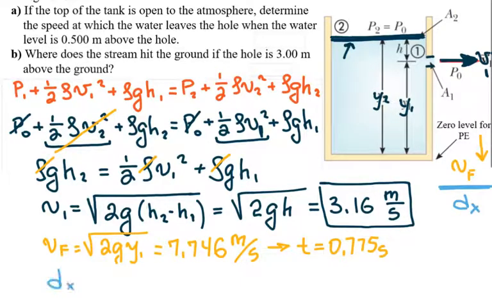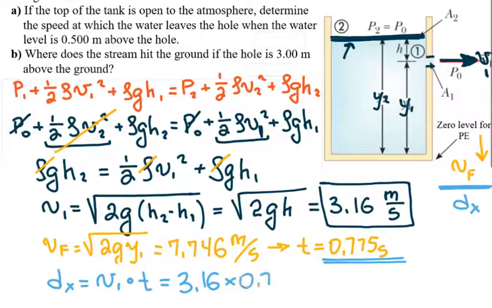So dx is equal to v1, the velocity at which the water leaves the tank, times the time. So I have 3.16 times 0.775, and that is equal to 2.46 meters.